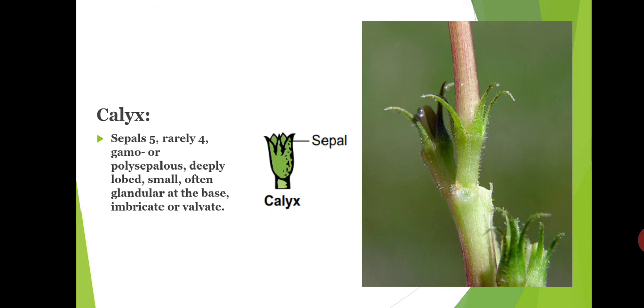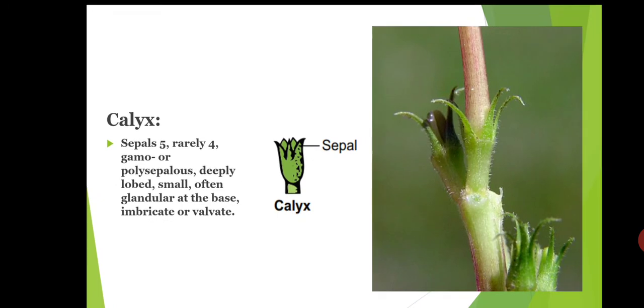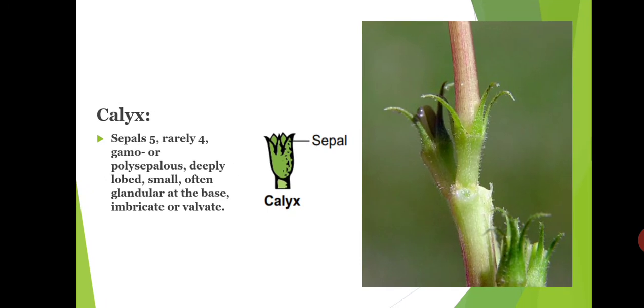First we will discuss the calyx. Here we can see the actual close-up of this calyx. This flower is Catharanthus, and the same drawing is also here. Calyx: sepals 5, rarely 4. If the flower is tetramerous, of course the number of sepals is also 4.